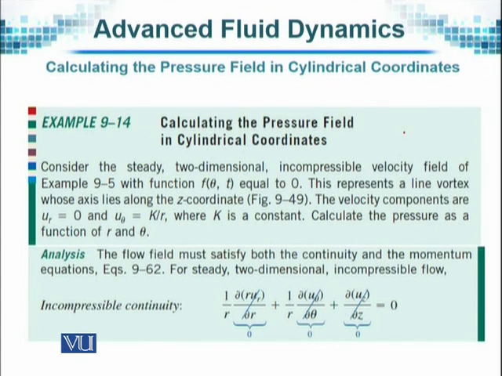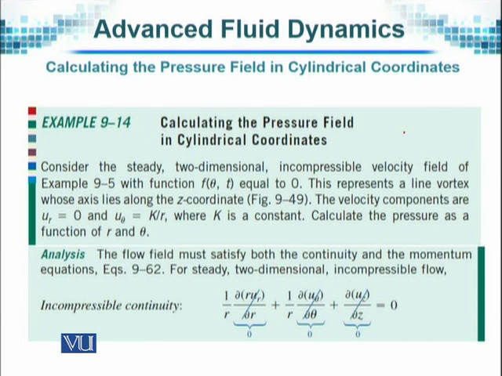The velocity field that is given to us is U_r equal to 0, that is, the radial component of the velocity is 0, whereas U_theta, the component in the theta direction, is given by K over r, where K is some constant and r is of course the radius.